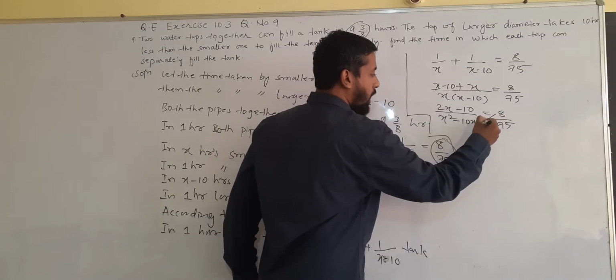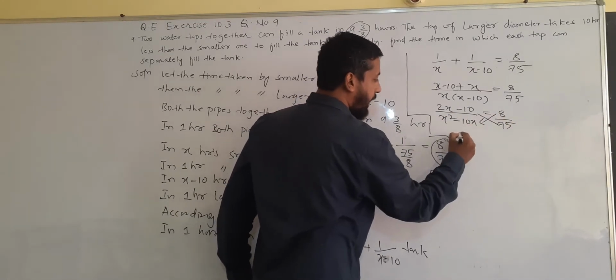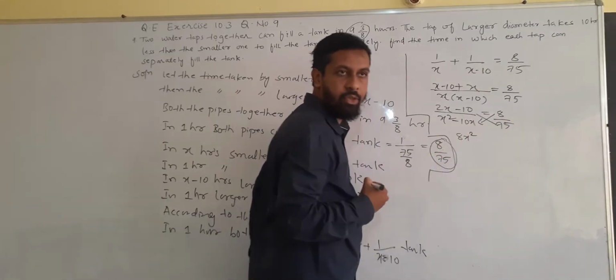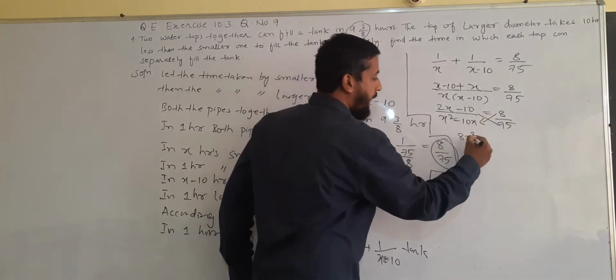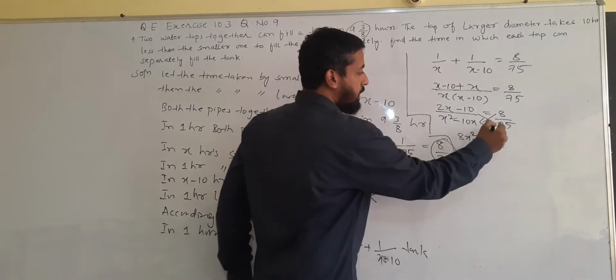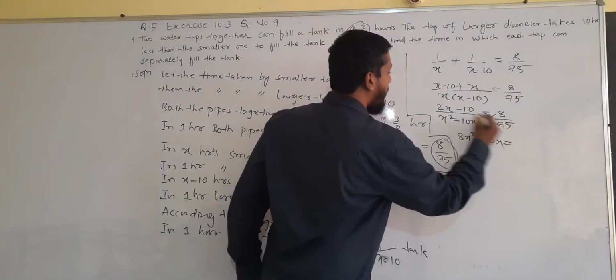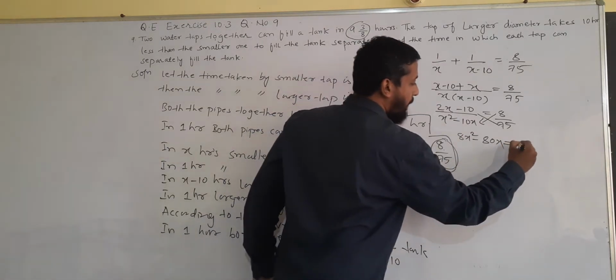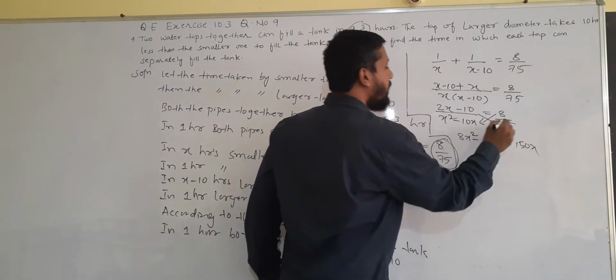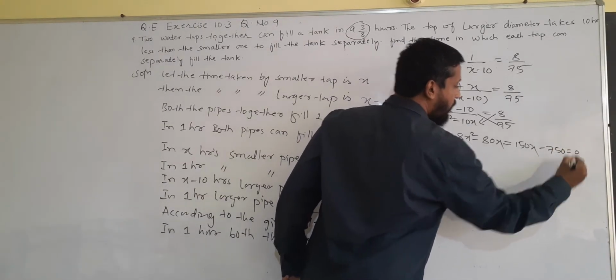Now we can do cross multiplication. 8 into x square, 8x square, 8 into minus 10x, minus 80x, 75 into 2x will be 150x, 75 into 10 is 750.